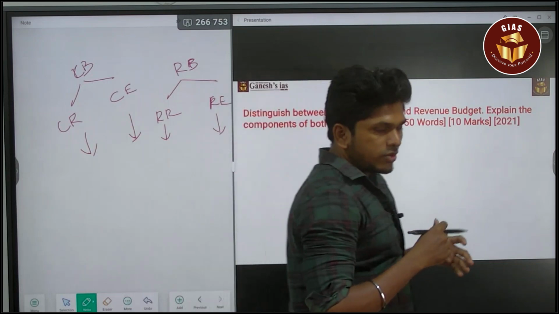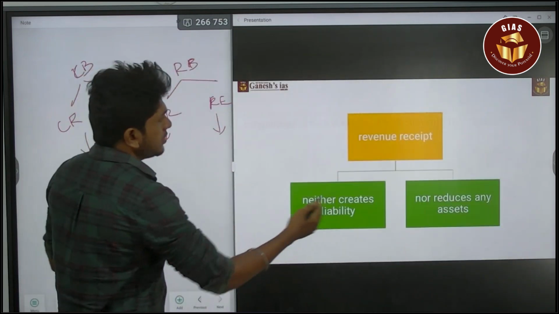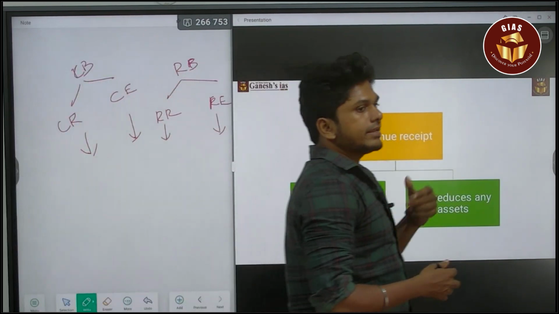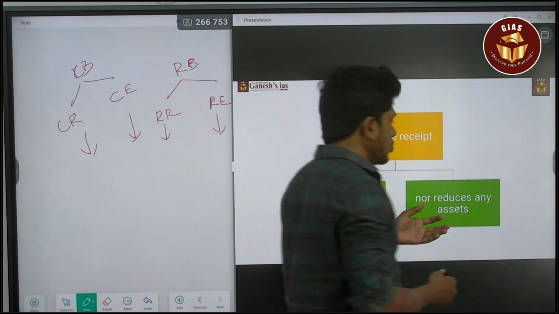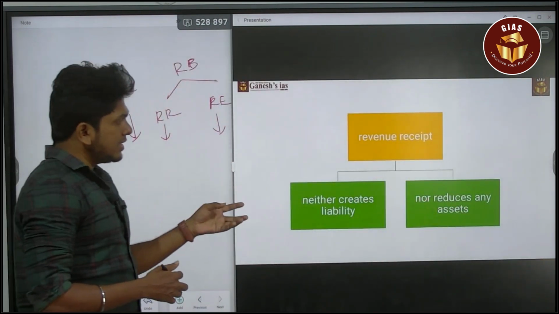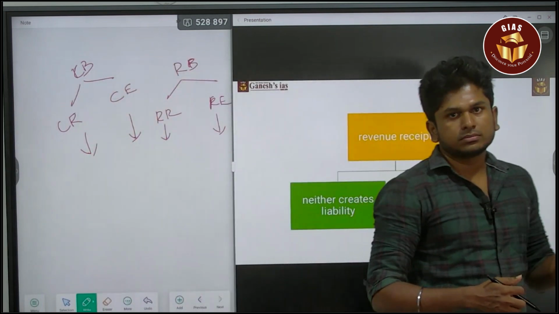Before that, you have to know certain main things about revenue receipt. Revenue receipt means it won't create any liabilities and it won't reduce any asset. Neither creating a liability nor reducing any asset, that is called revenue receipt.